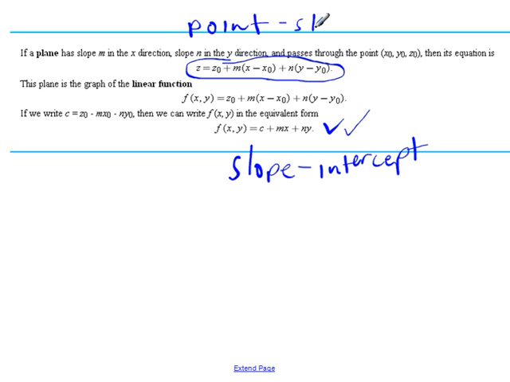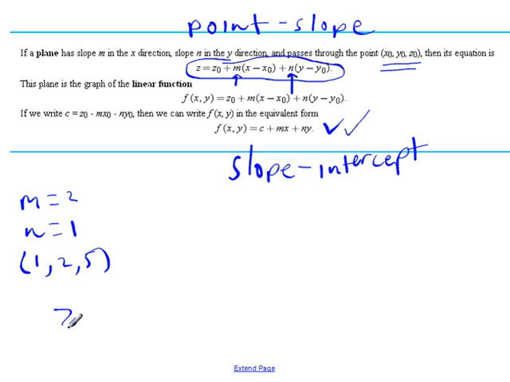These are the same terminologies that we've been using since Algebra 1. In point-slope, we're given our slopes in the x and y direction, and then we're given some point. So as an example, let's say that we know that the slope in the x direction is 2, and in the y direction it's 1, and we contain some point (1, 2, 5).